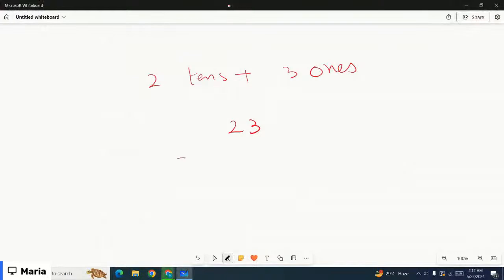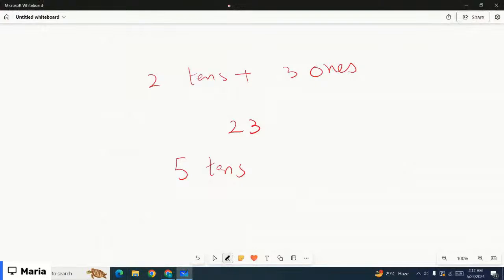Okay, the next one is five tens. Which number do they make? You are just given five tens. You are given no ones, right?